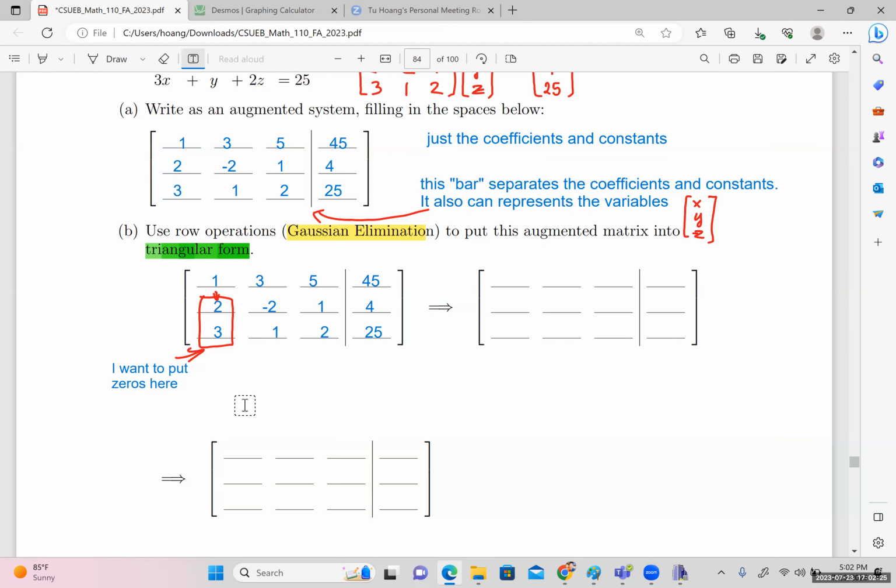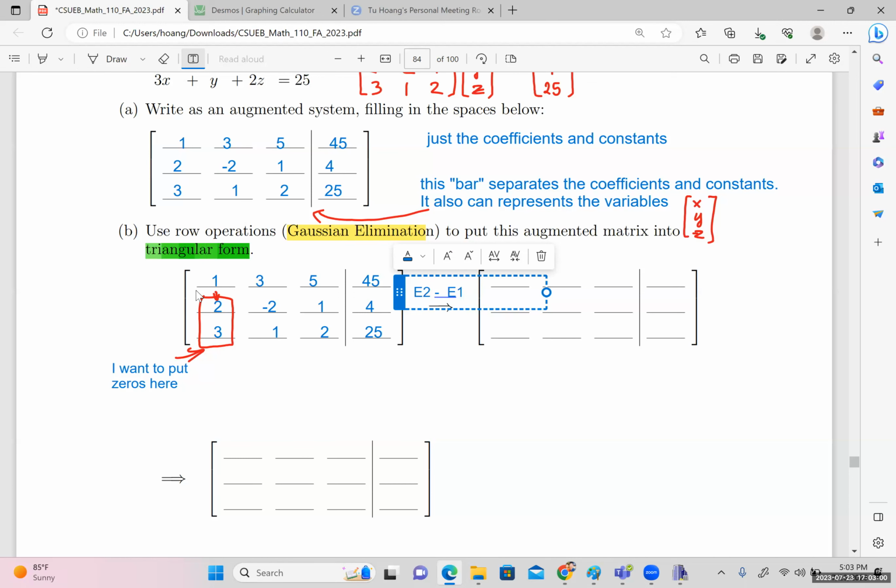Similar to what I did in elementary operations, I want to use the row or the equation. Say I want to change equation 2. I'm dealing with just coefficients only, so I see that this needs to minus something times, or add something multiplied by, E1.